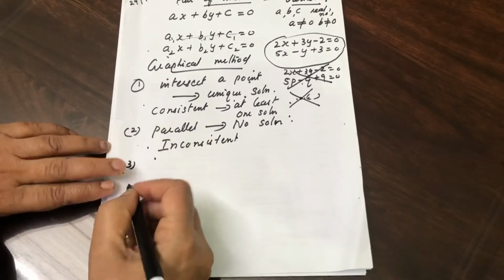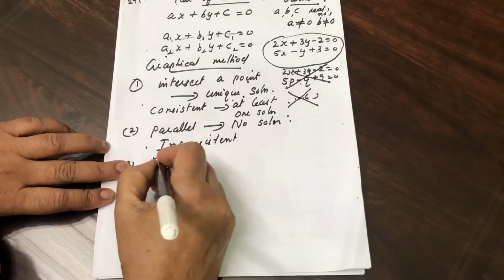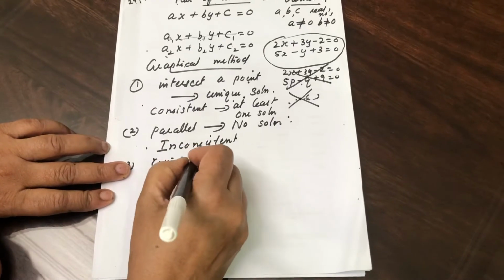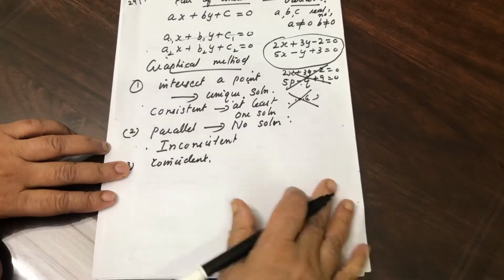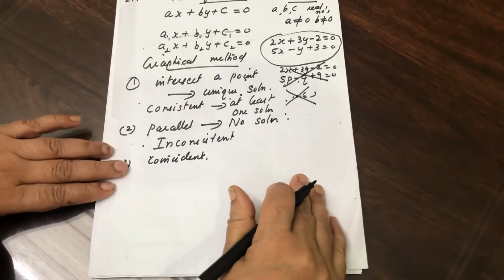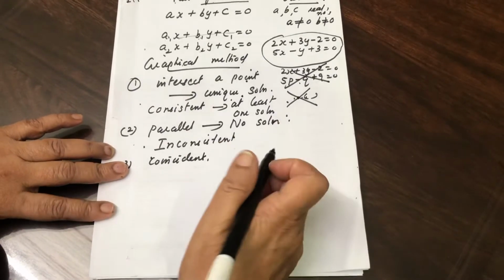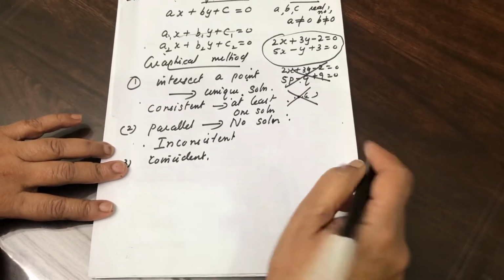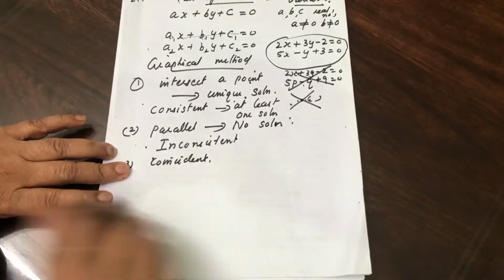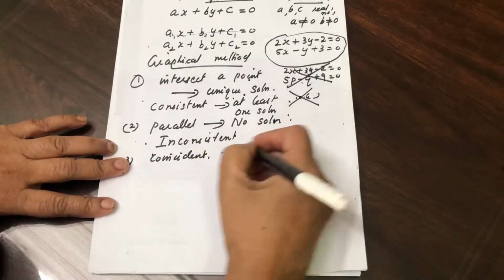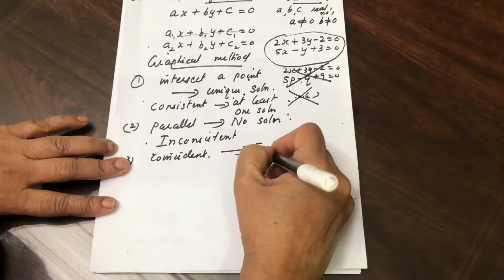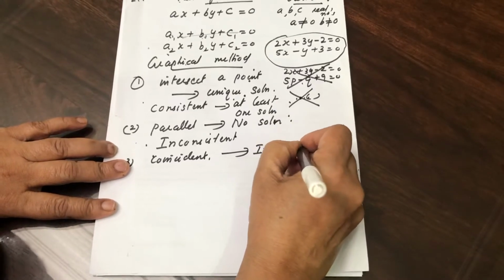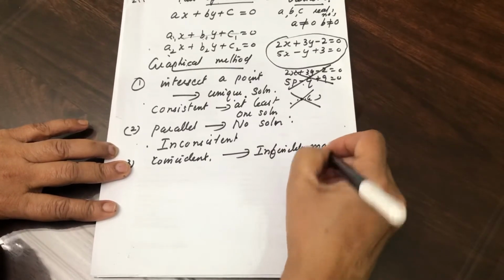The third one: the two lines are coincident. Coincident means the two lines are overlapping. Overlapping means any point on the line will be a solution for both equations. Therefore, coincident lines have infinitely many solutions.